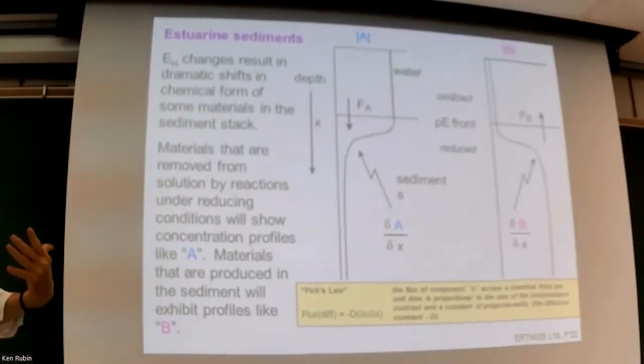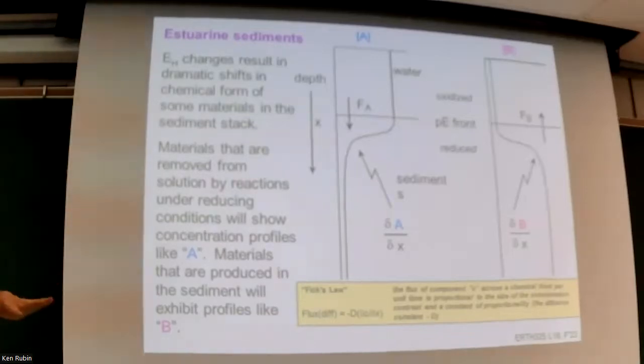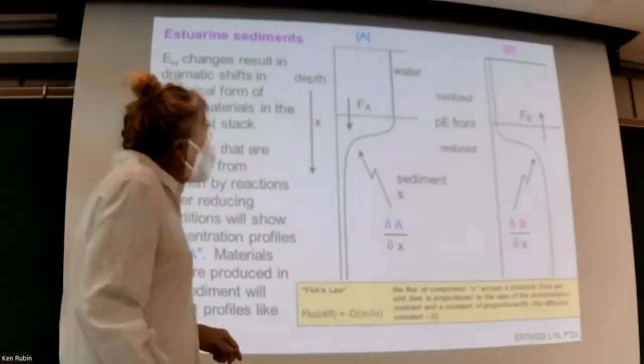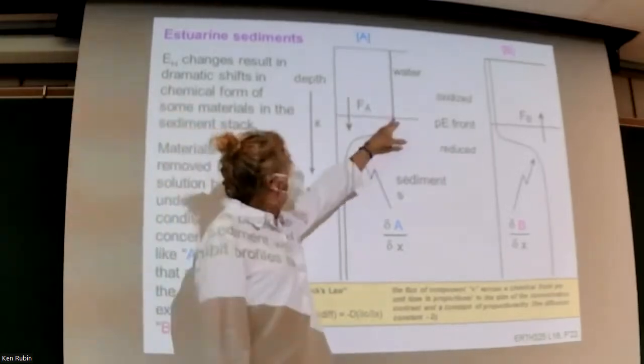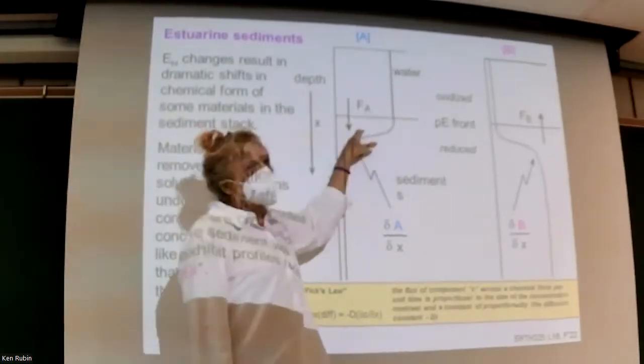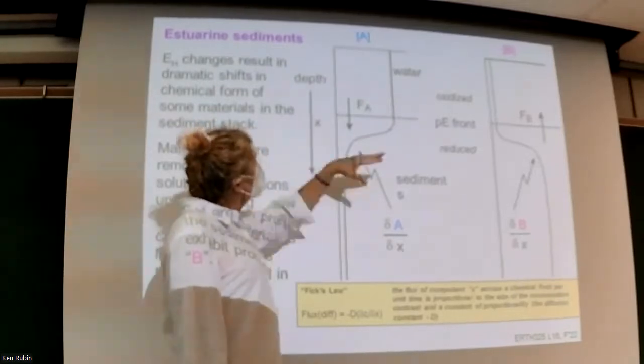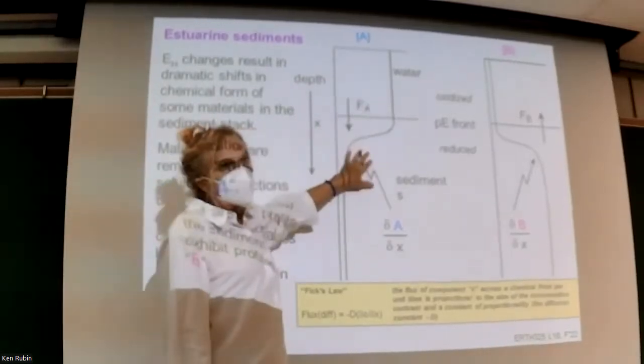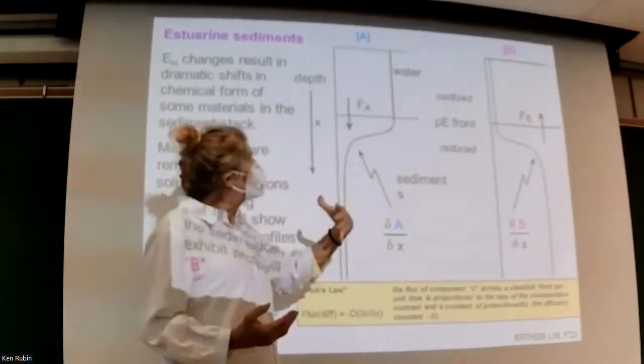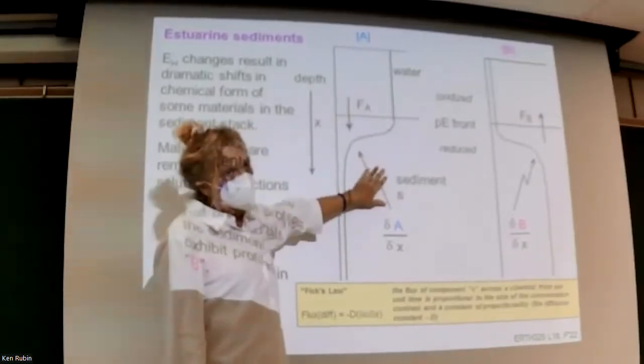But what's interesting about these kinds of conditions is that diffusion tries to erase this difference, and that's what's causing this profile. And so in the case where something is high in the water and low in the sediments, diffusion is going to try to increase the concentration in the sediments.